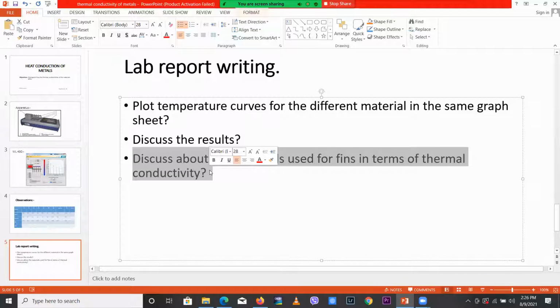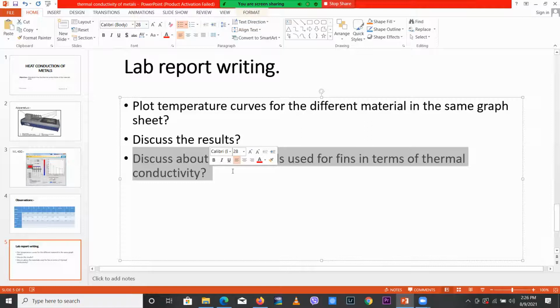Like fins, there are also different metals used in turbines, where the temperature will be very high. Those metals should not react under different temperature conditions. Therefore, those metals should have high thermal resistance, so they will not react.